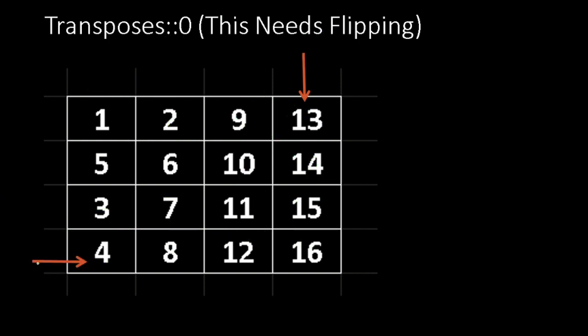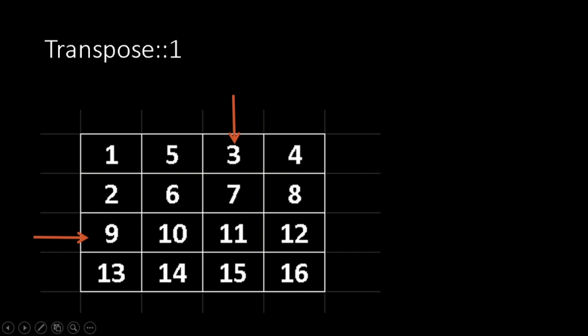Step 1, let us fix our pointer, bottommost row, rightmost column. Now let us ask a question. Is this sorted? Is 4 greater than 13? No. In a row major format, this should have been 4 and this should have been 13. So let us do a flip and see what happens.